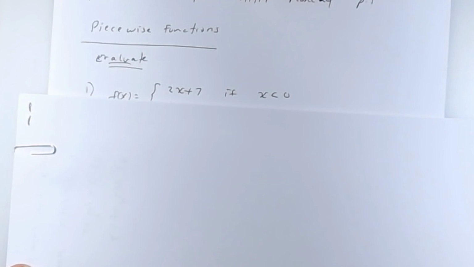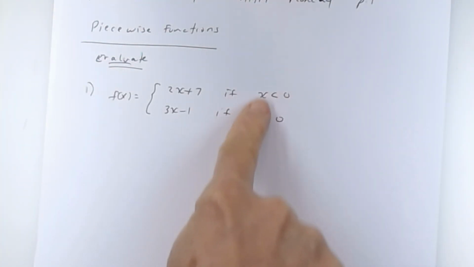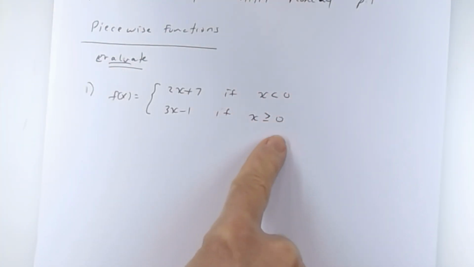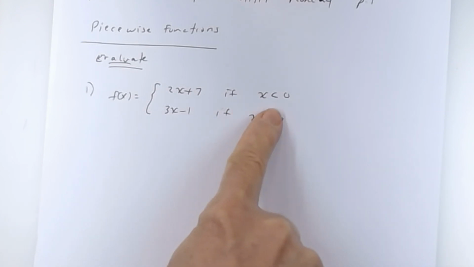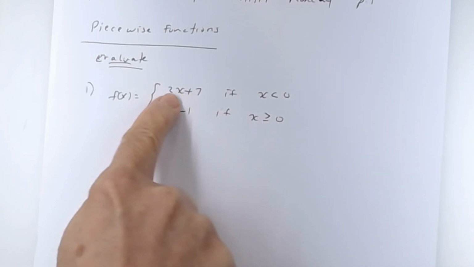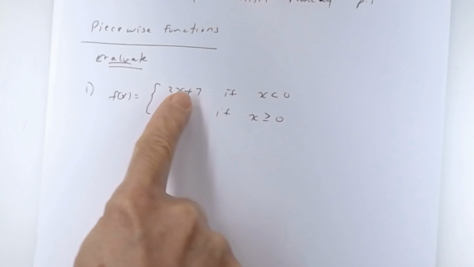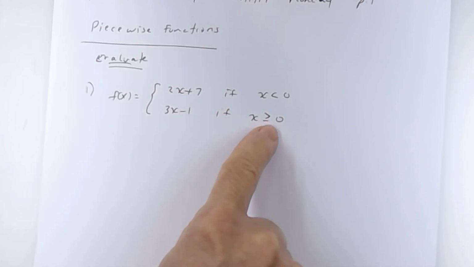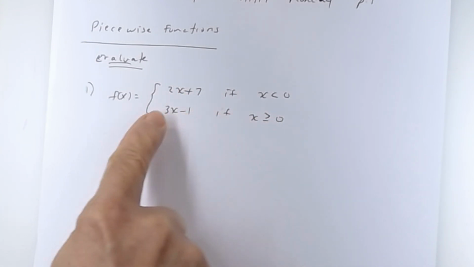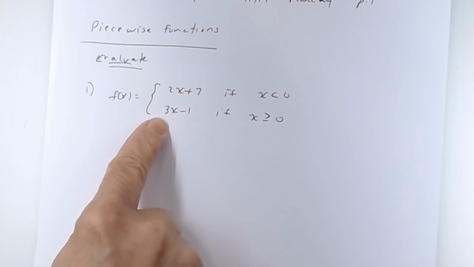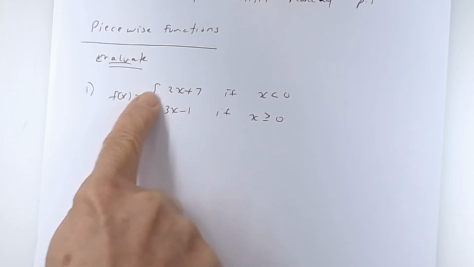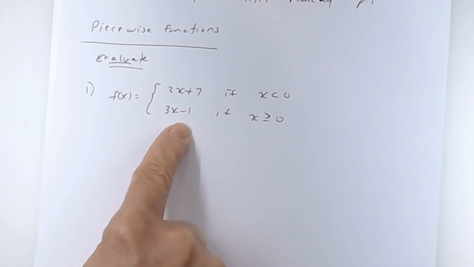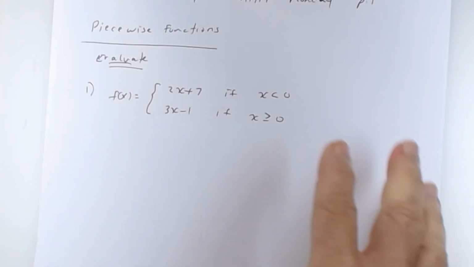So this part here would be your domain part. If the x value is less than 0, then I have to use this part of my function. If my x value is greater than or equal to 0, then I have to use this part of the function. So you'll be graphing this piece, and then this piece, in a little while.